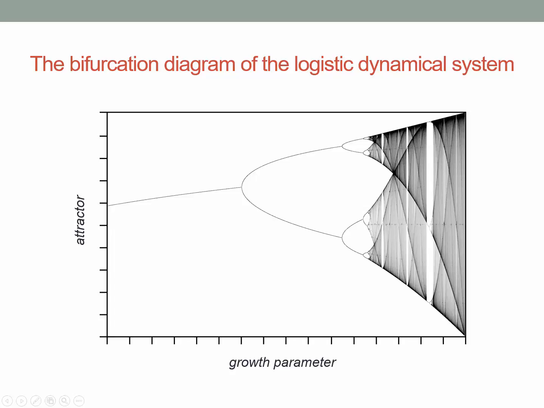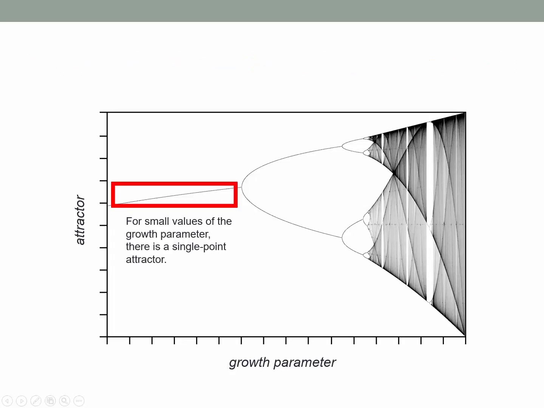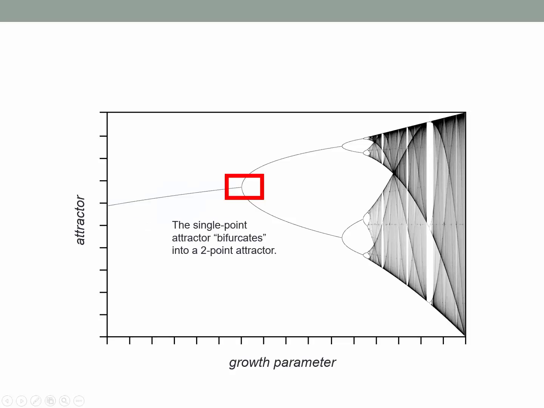So for small values of the growth parameter, there's just a single point attractor. It's slightly changing, right? So the actual value of the growth parameter controls exactly where the attracting point is located. But that's all that's happening there, right? As you slowly increase the growth parameter, you slowly change exactly what the single point attractor is. However, at some moment, suddenly the single point attractor bifurcates and it becomes a 2-point attractor.